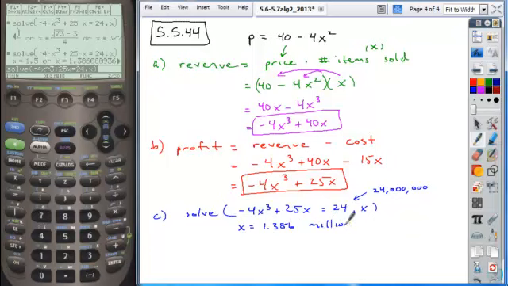Depending on how it asks you to enter it, you either move the decimal place 6 spaces to the right, or just leave it as 1.386 million, or whatever decimal they ask you to round to.